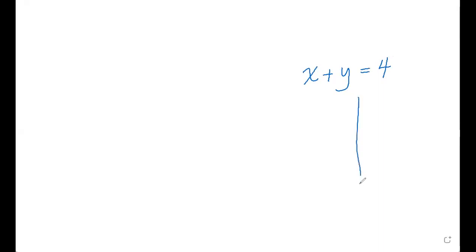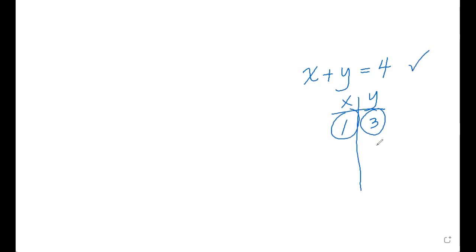solutions, and you can start to list some of the solutions by choosing x equals any number you like, maybe 1. So y has to be 3 to add up to 4. Remember, the x and the y value must satisfy the equation.